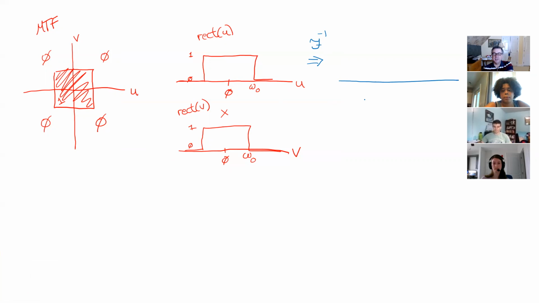This is one of the ones that, certainly in my other class, I ask people to know, at least in general. The sinc function, which is sine x over x, and basically looks kind of like that.